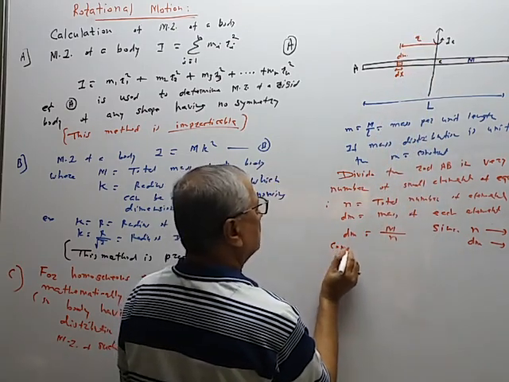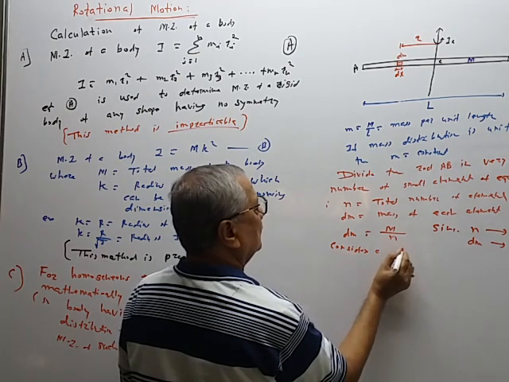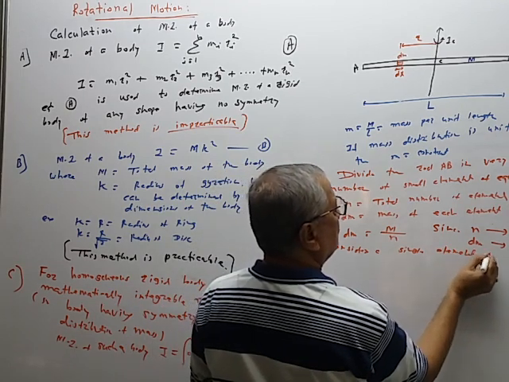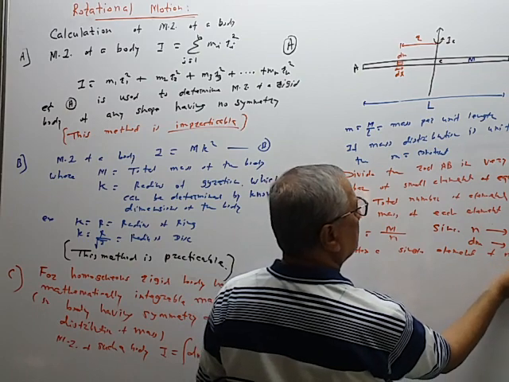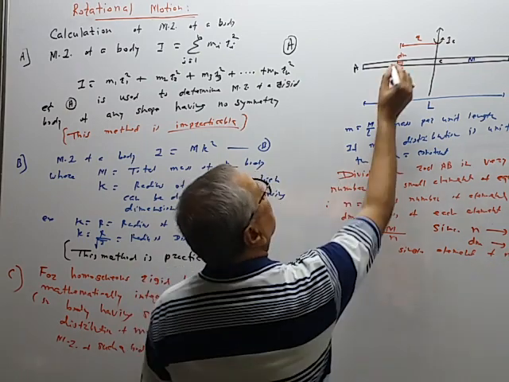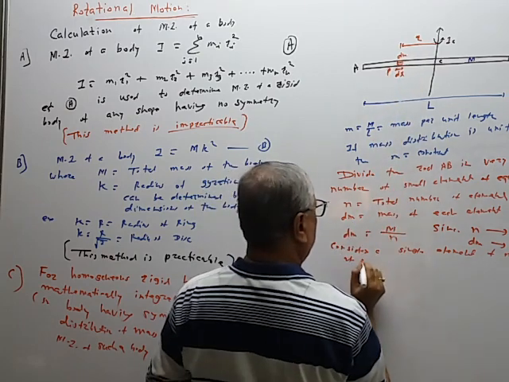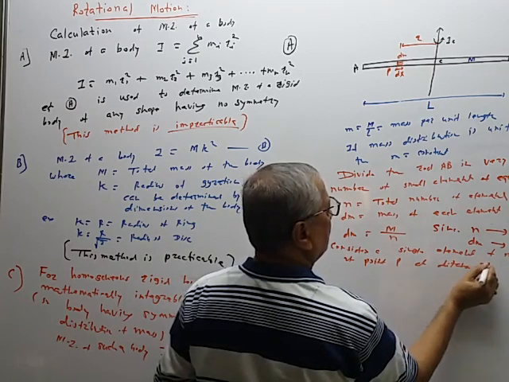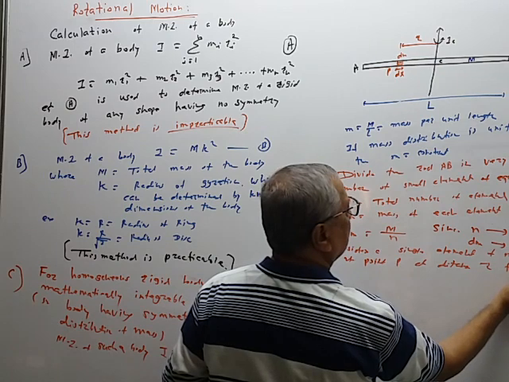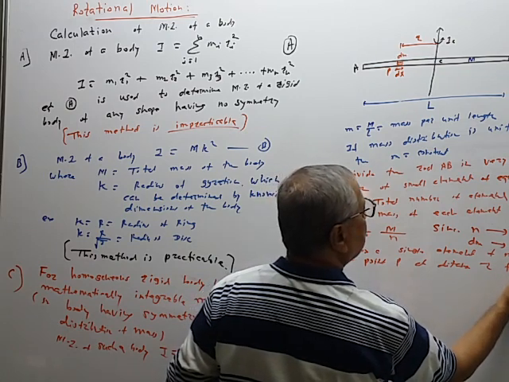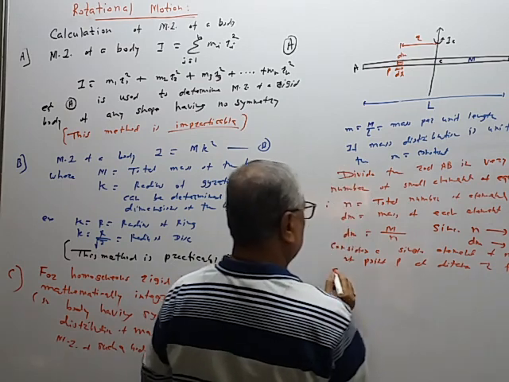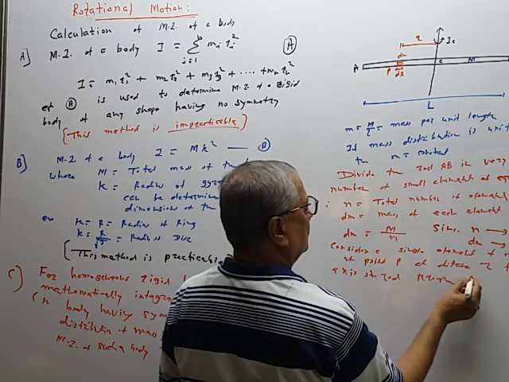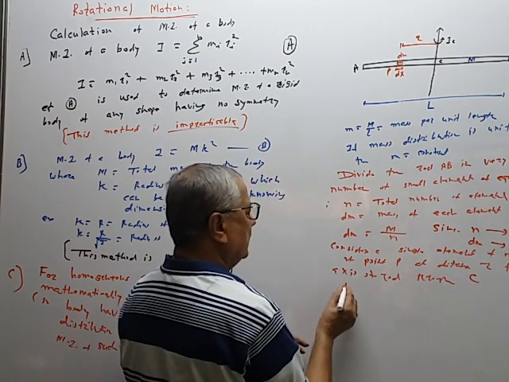Consider a single element of mass dm at या पॉइंटला आपण नाव देऊन टाकू at point P at distance r from given axis or from central axis of the rod through C.